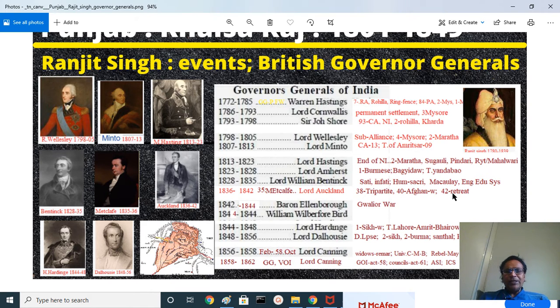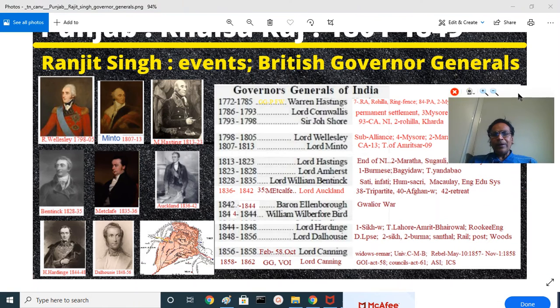A series of anarchy followed in Punjab, and during Hardinge's time, the first Sikh war was fought, and the Treaty of Lahore was made. That means Sikhs ceded their territory in the Jalandhar region to the British, and also the territory they gave because they lacked the money to pay the indemnity, like the north in the mountainous region, north of the Ravi River and east of the Indus, that is the Jammu region, Ladakh region, Kashmir.